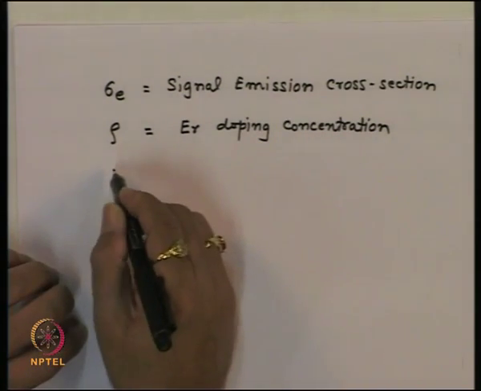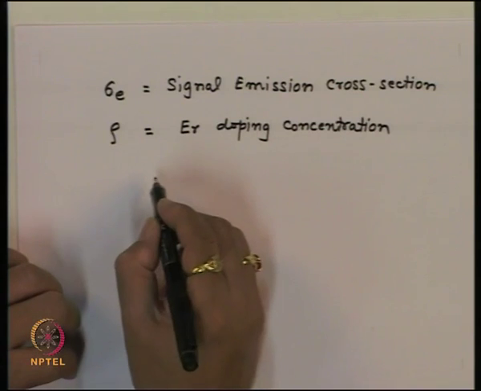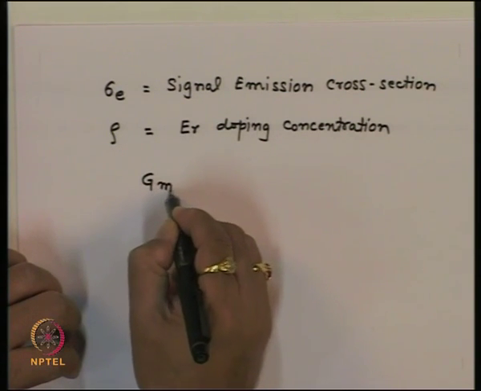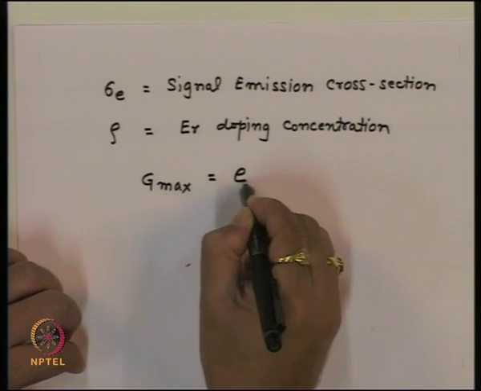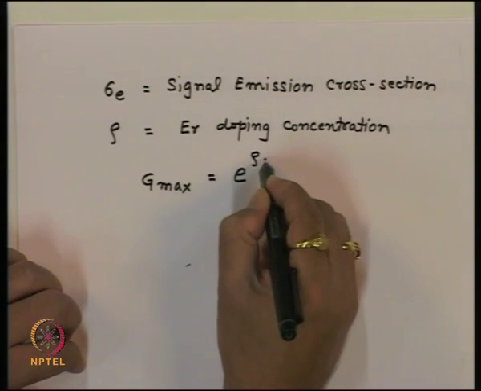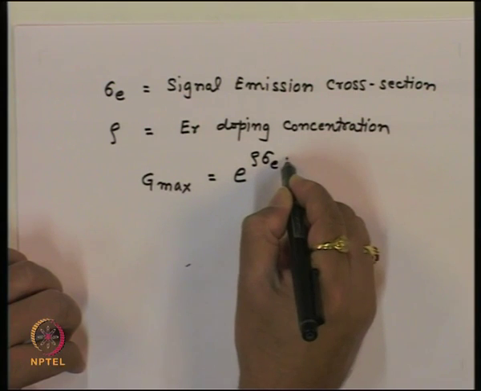The maximum gain which the amplifier can give, G max, is e to the power rho sigma E into L.